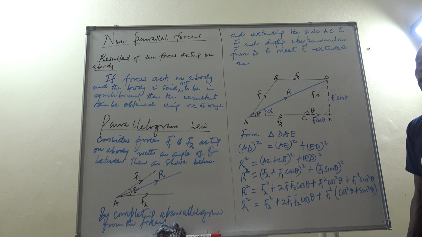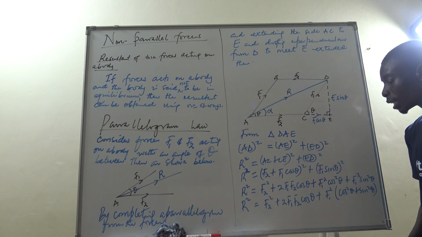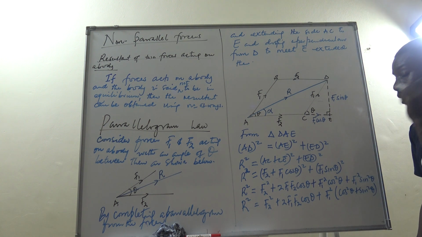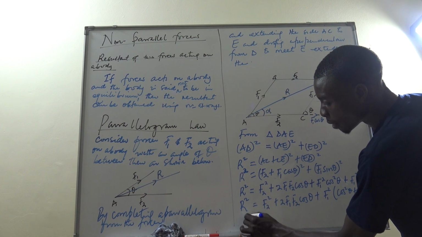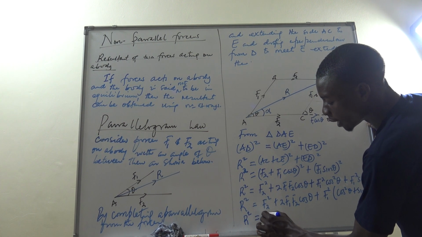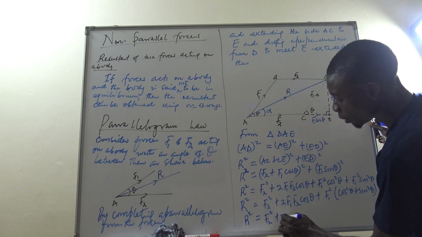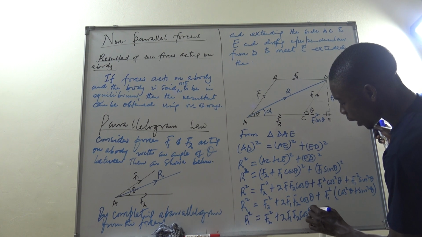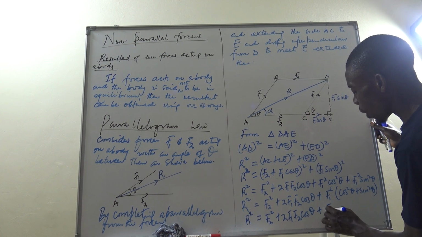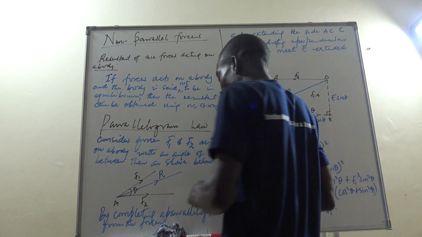Run to your trigonometry very fast and Google this from your brain. What does that one tell us? Cos squared theta plus sine squared theta equals 1. So that means my R squared equals F2 squared plus 2F1F2 cos theta plus F1 squared. Very, very important.